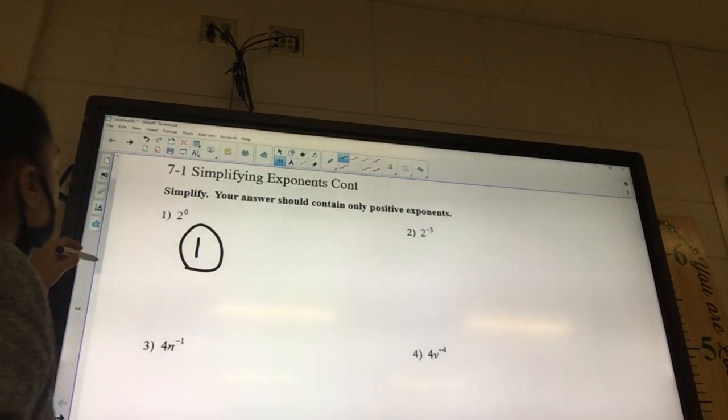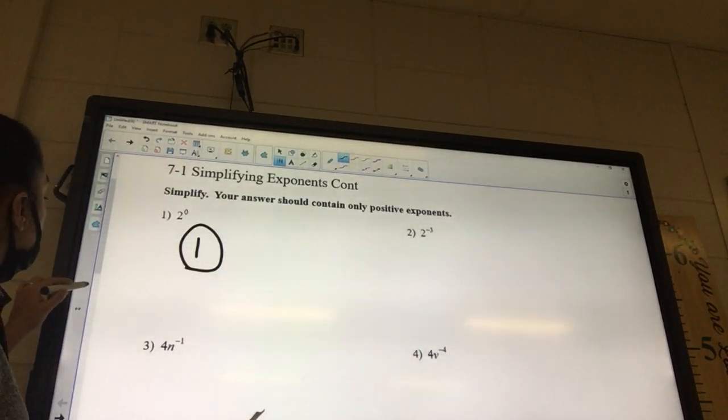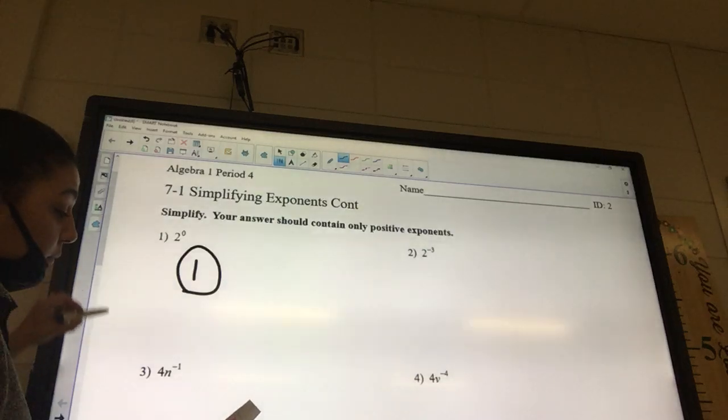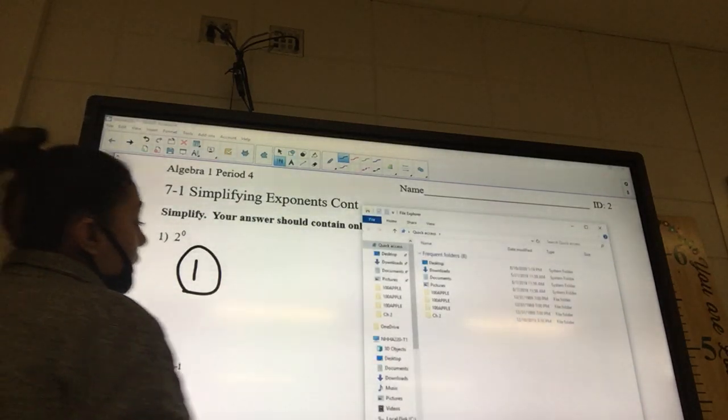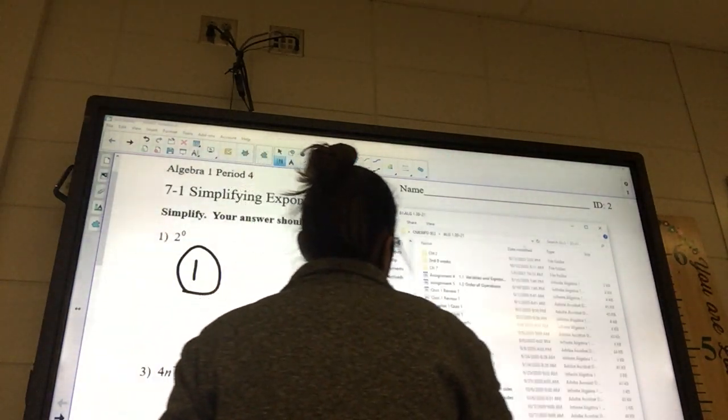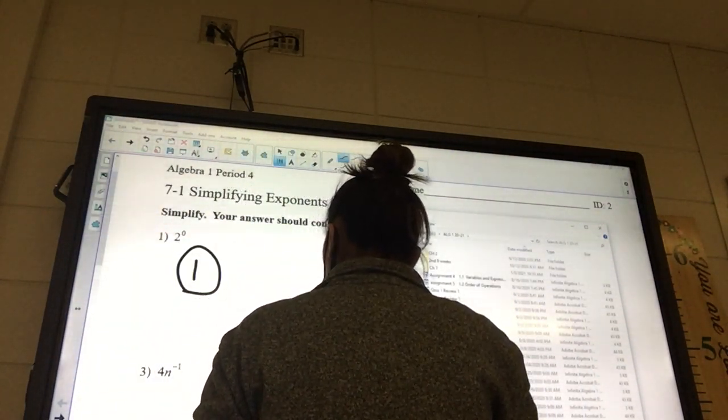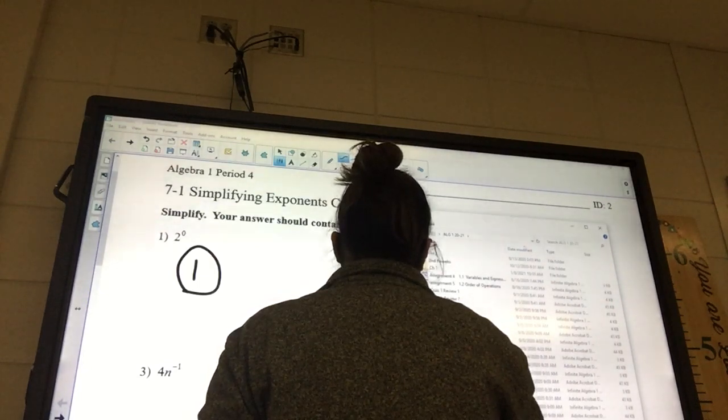Okay, look. What, I print the wrong one? Yeah, sure did. Finish line.